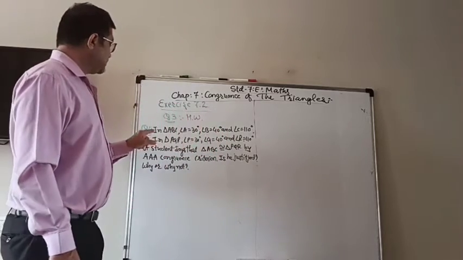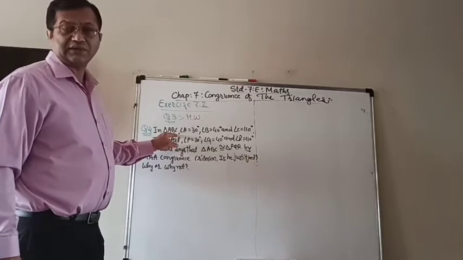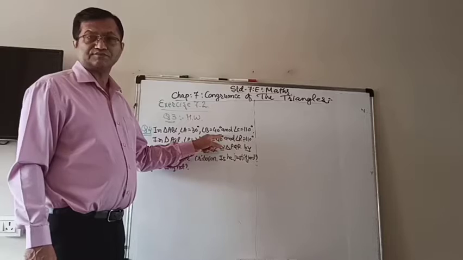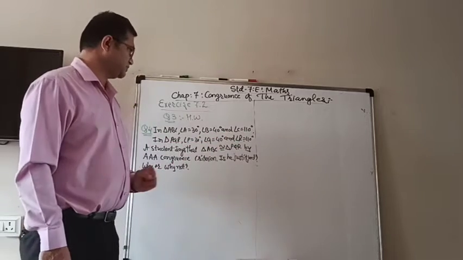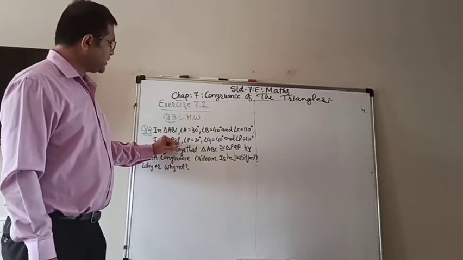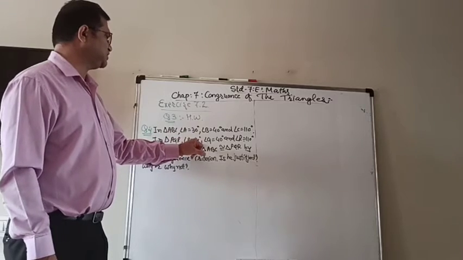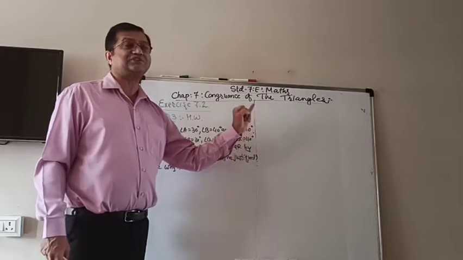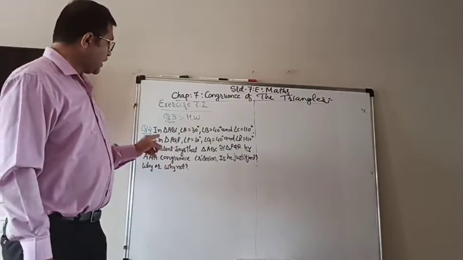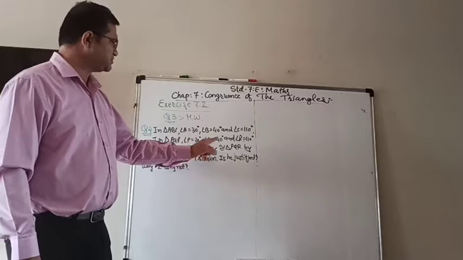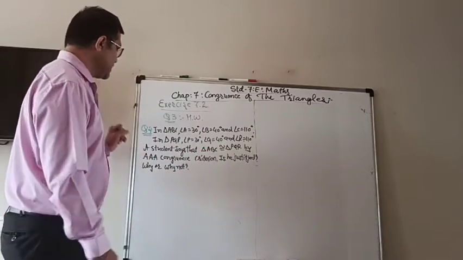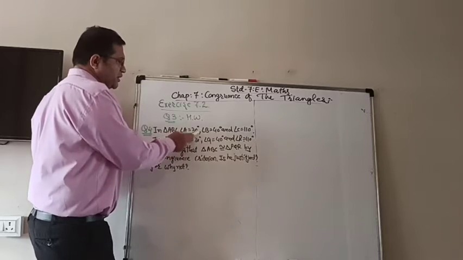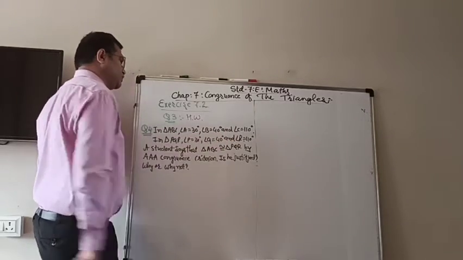Here in triangle ABC, angle A equals 30, B is 40 and C is 110 degrees. Also in triangle PQR, angle P is 30 degrees, angle Q is 40 degrees and angle R is 110 degrees. A student says that triangle ABC is congruent to triangle PQR by AAA congruence criteria, because A and P are equal, B and Q are equal, C and R are equal.